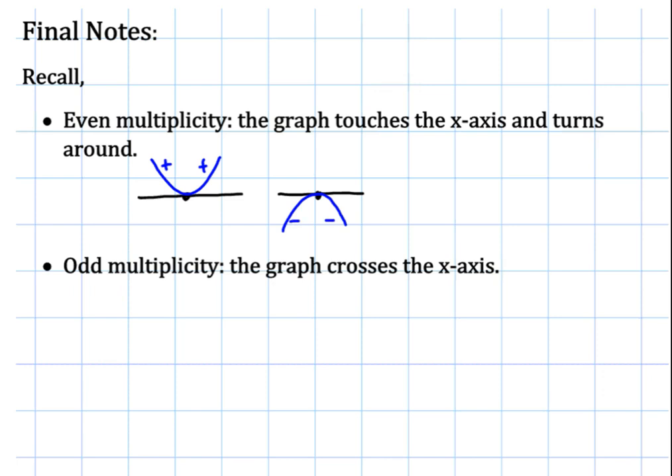So what we have here is when we have an even multiplicity, the sign will not change when we're crossing a 0.